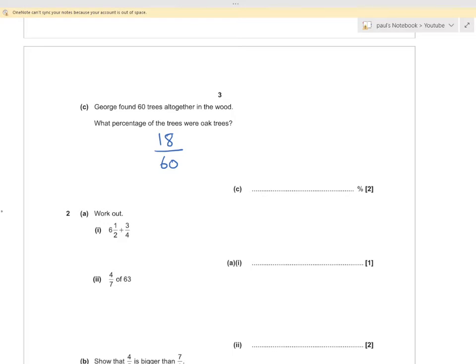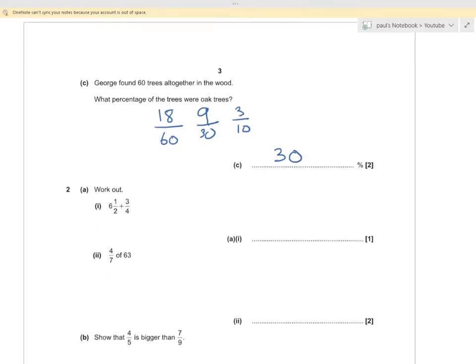Let's simplify this for a bit. Oh, I'm stuck already. Look, 9 out of 30. Divide by 3. 3 out of 10. 3/10 is 30%. Oh, okay.